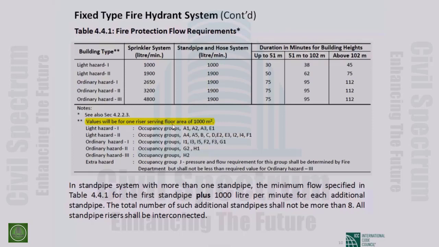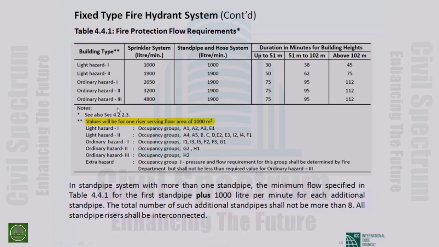As an example, if you have a garments industry, say G2 is the occupancy, then our hazard classification is ordinary hazard 2.